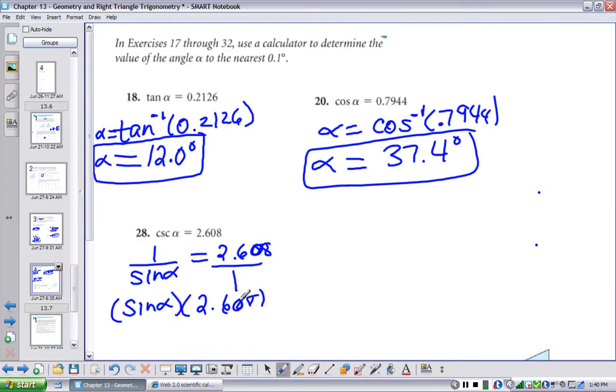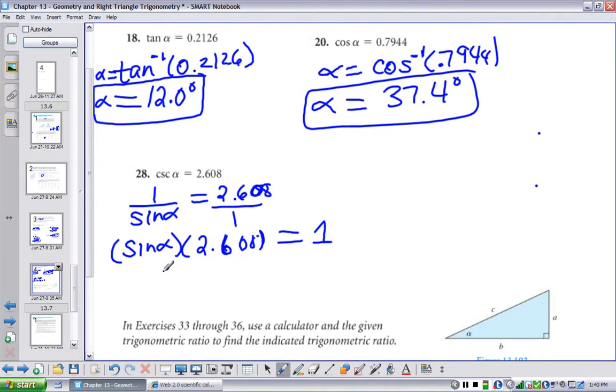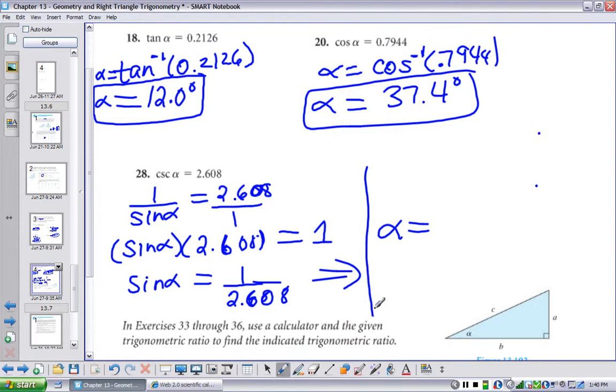Sine alpha times 2.608 equals 1 times 1, which is 1. So that sine alpha is 1 over 2.608. So what this means now is that alpha is the inverse sine of 1 over 2.608.